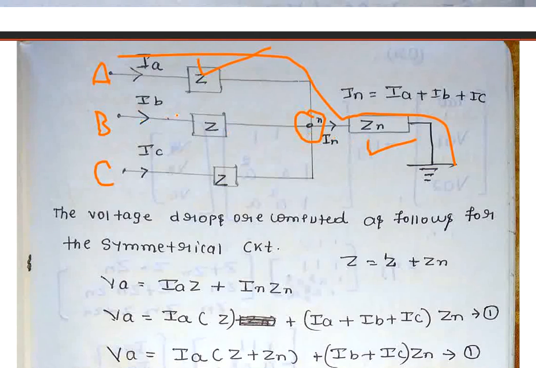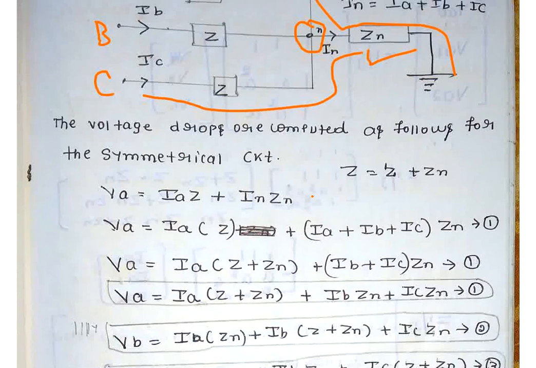It is not IB plus Z, it is IB into Z plus IN into Zn. Similarly for phase C, it is IC into Z plus IN into Zn. So the same thing has been given here.